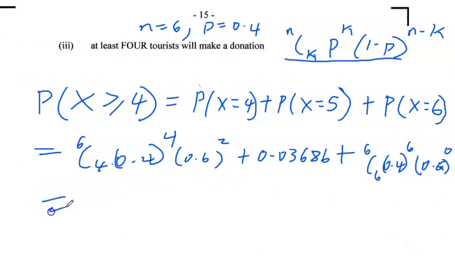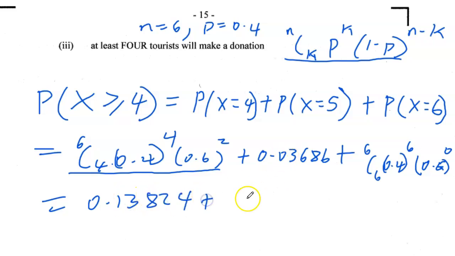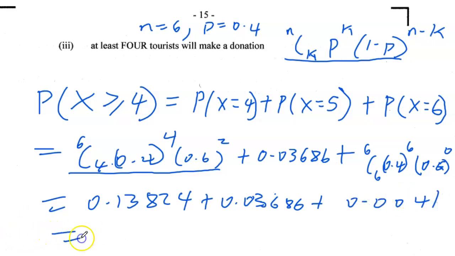So we can enter these in our calculator straight away, and we end up with 0.13824 plus 0.03686 plus, for X equals 6, 0.0041. So we sum all these values and we get 0.1792. So the probability that at least 4 tourists will make a donation is 0.1792.